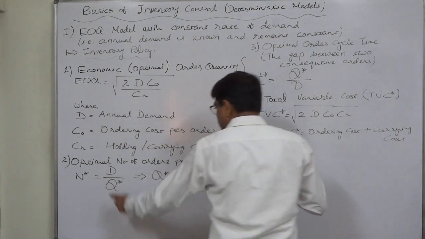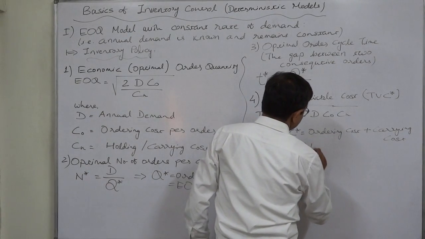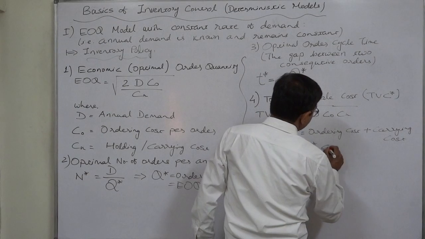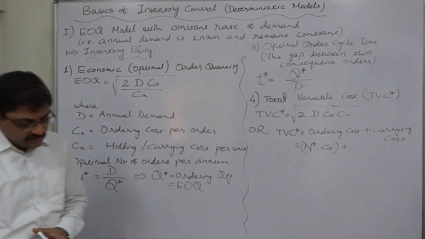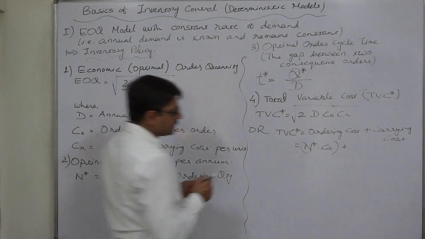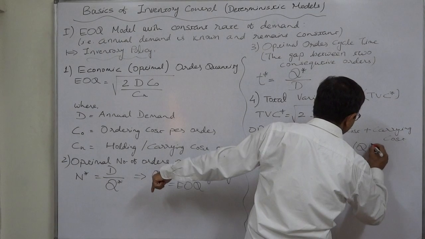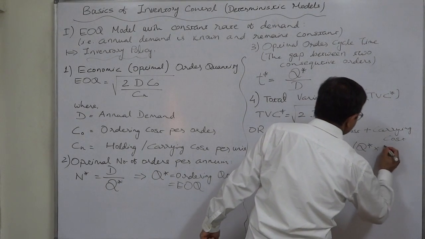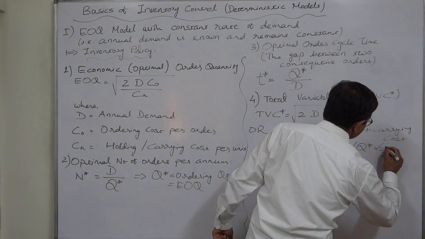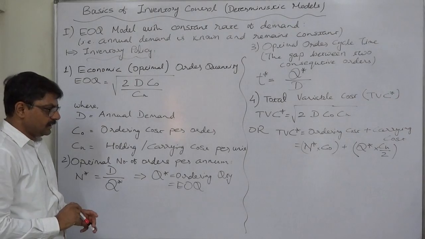Ordering cost is number of orders multiplied by cost per order, that is N star into CO. Plus what is carrying cost? By the term carrying cost we mean average carrying cost, that is ordering quantity Q star into CH by 2, because we need to take average carrying or holding cost.